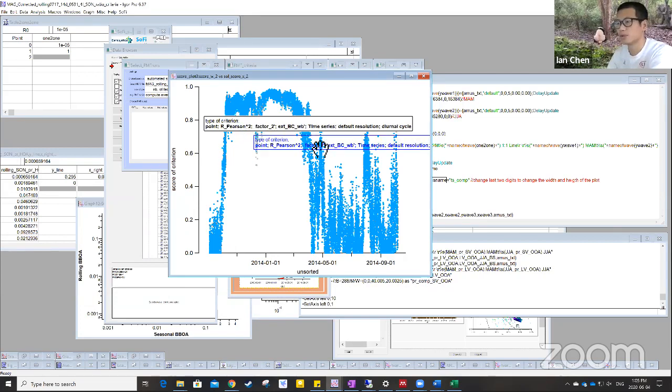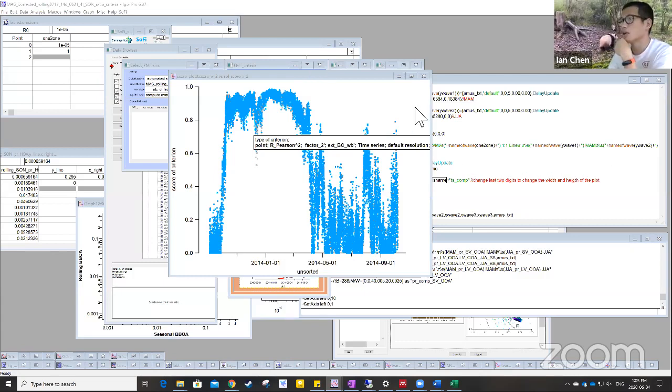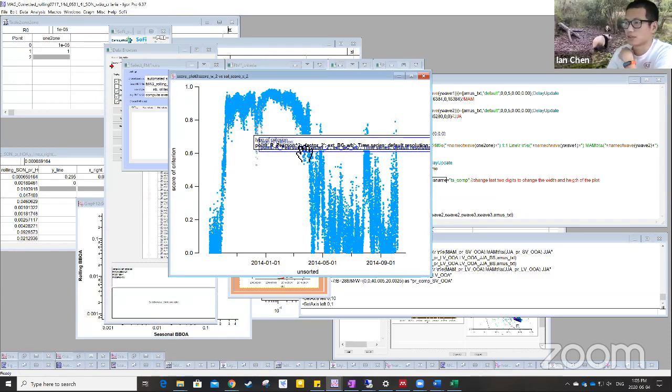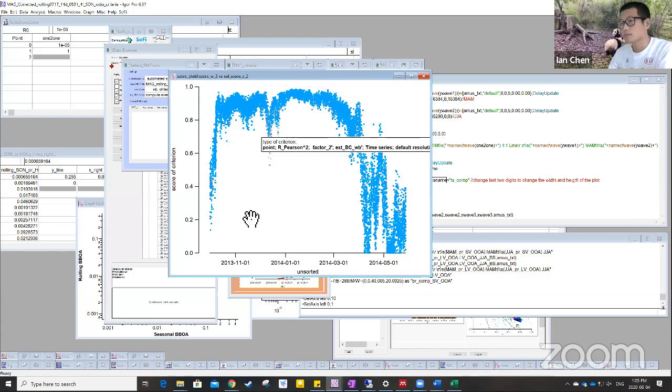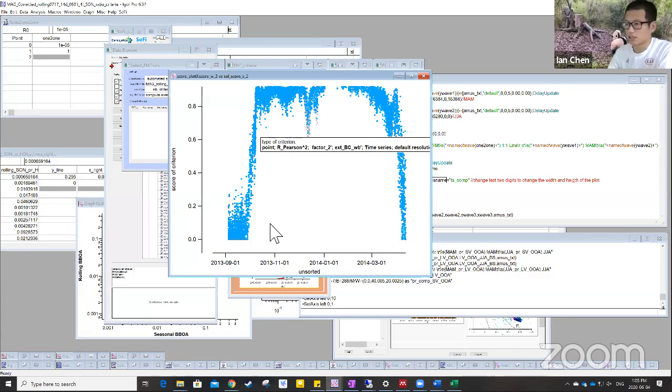So for example, my P10 in this area, in the autumn, September, October, and November, I have a P10 of the BBOA versus BC wood burning R square of like 0.5 or something.